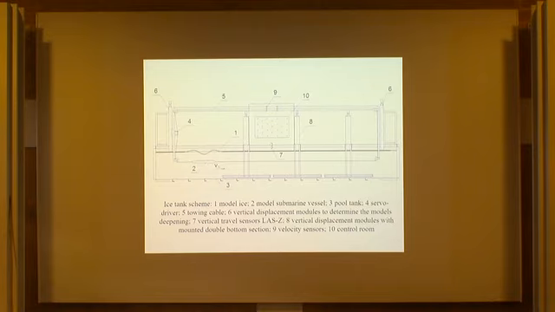The towing system allowed carrying out model tests at velocities of up to 2.4 meters per second in steady motion conditions. A steel cable with a diameter of 3 mm was used for towing the models.